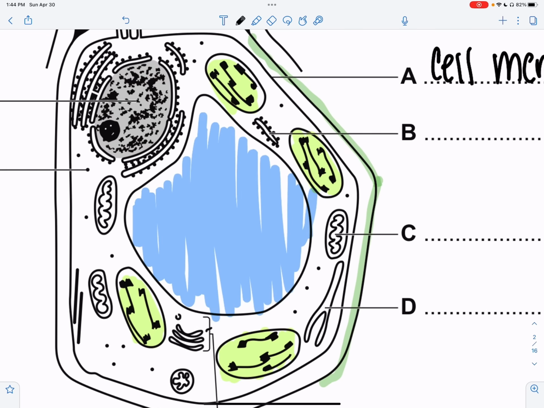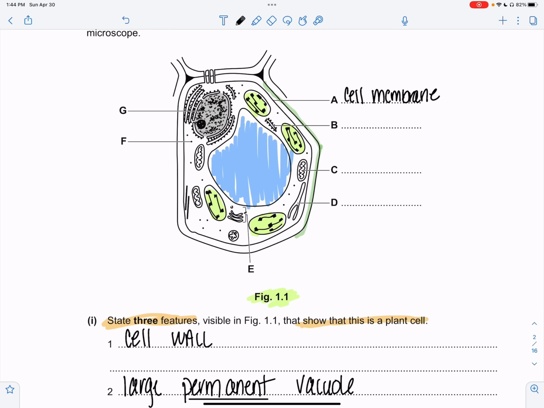B has the presence of ribosomes on it, and this is the rough endoplasmic reticulum. C, you can see all those inner folds called the cristae, and that is where glucose gets oxidized and ATP gets synthesized. This is the mitochondria.